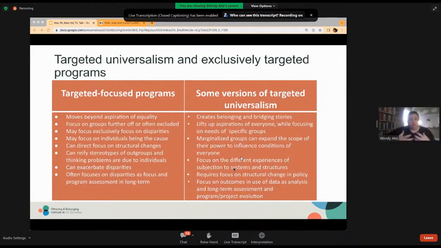Both of those are really positive progressions according to looking at belonging. Sometimes a targeted program might look exclusively at disparities and the effort to close those disparities. Through TU, the outcomes that we would look for within effective TU programs would be that there are no disparities, that there would be fair outcomes for all groups.